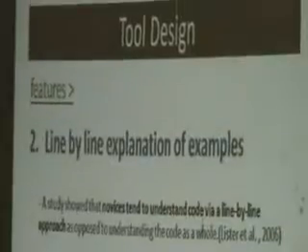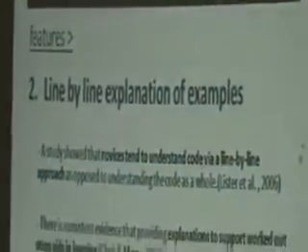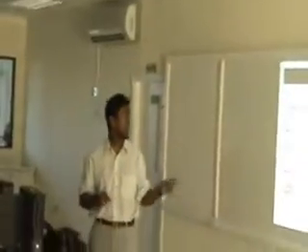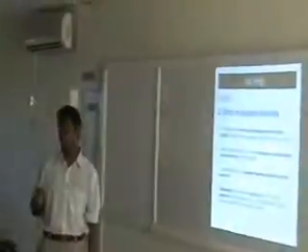So the next feature is line-by-line explanation of examples. Previous research in this area tried to run the whole code and show visualization for that. My approach is different, where I go line by line, and what was very important, the study showed that novices tend to understand code via a line-by-line approach as opposed to understanding code as a whole.